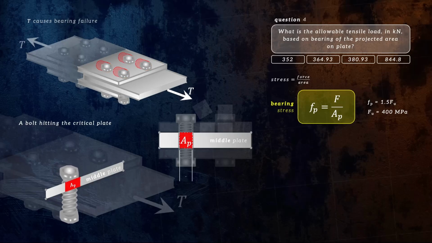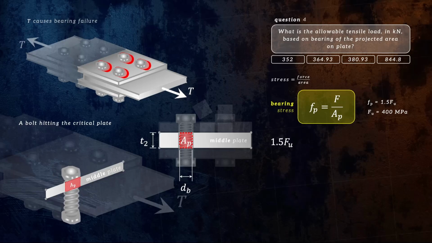Having a length of dB, or our bolt diameter, and a width of T2, or the thickness of the middle plate. Going back, Fp is given as 1.5 Fu equals F over the bearing area, which, if you'll notice, is simply the area of a rectangle, which is length times width.